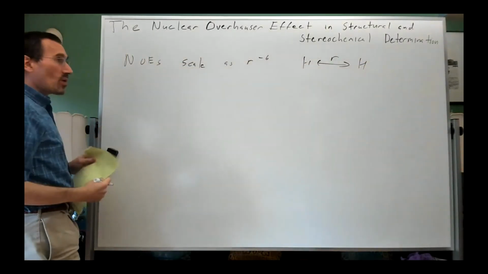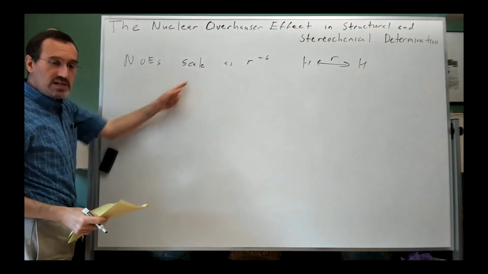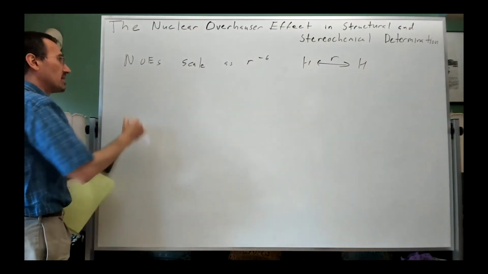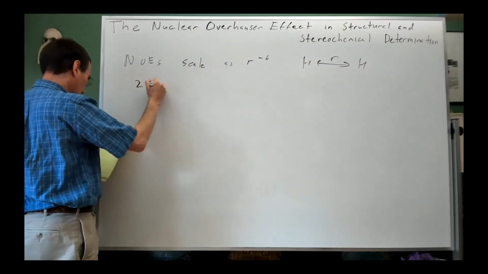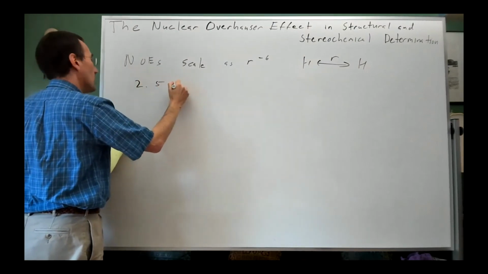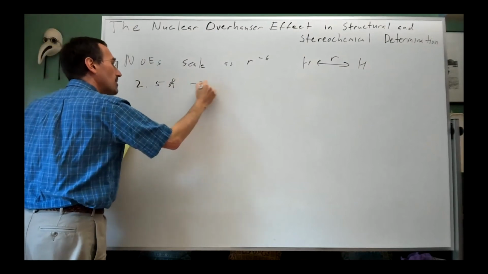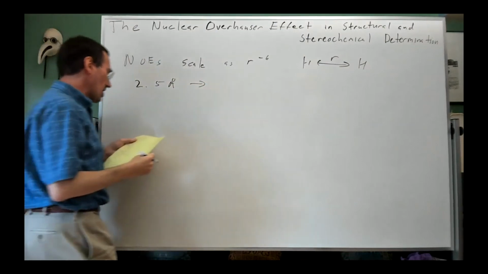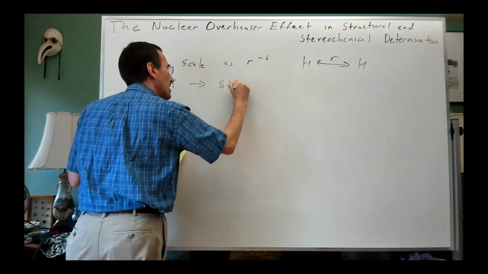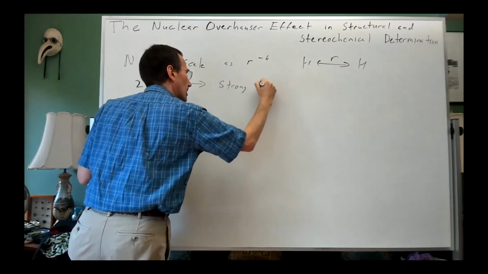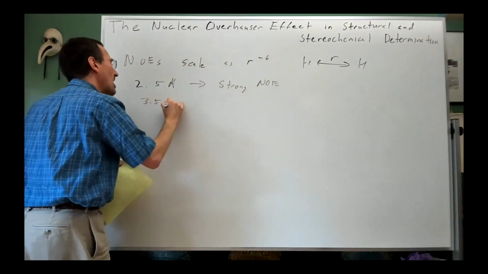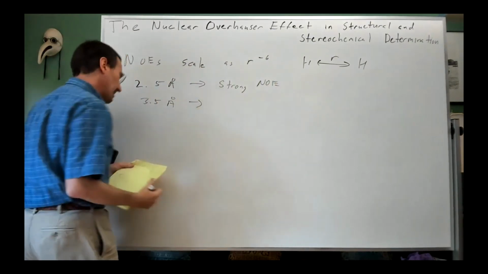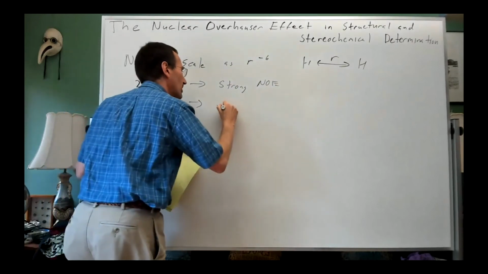In other words, NOEs fall off a lot with distance. So 2.5 angstroms typically leads to a strong NOE in small molecules. But 3.5 angstroms typically leads to a much weaker NOE.